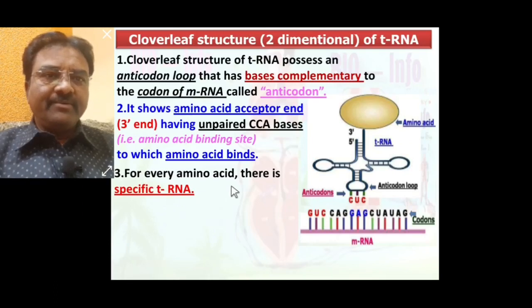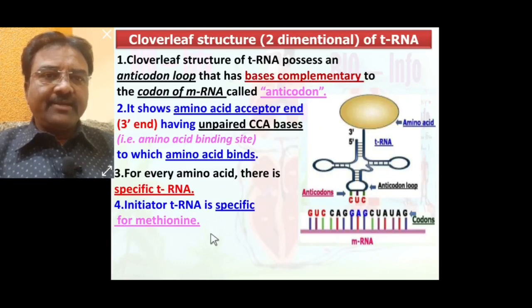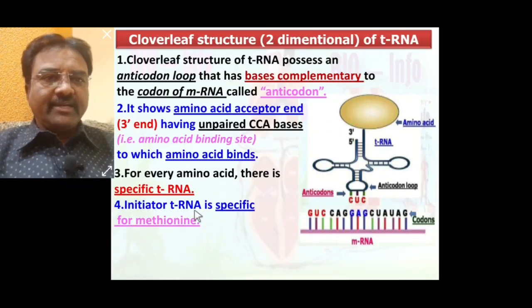Always remember, the initiation tRNA is specific for methionine, because the initiation codon is AUG on mRNA, which specifies the amino acid methionine.